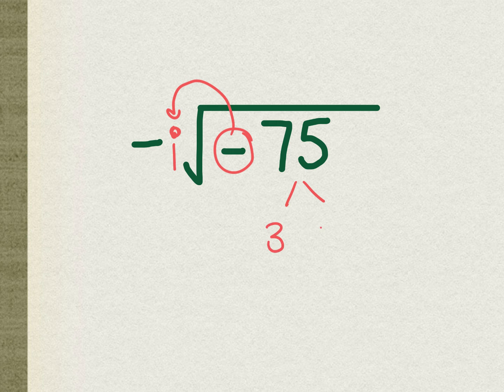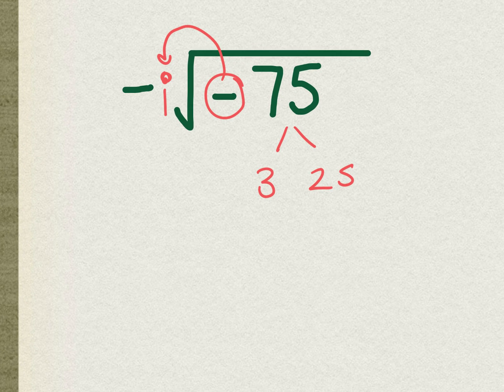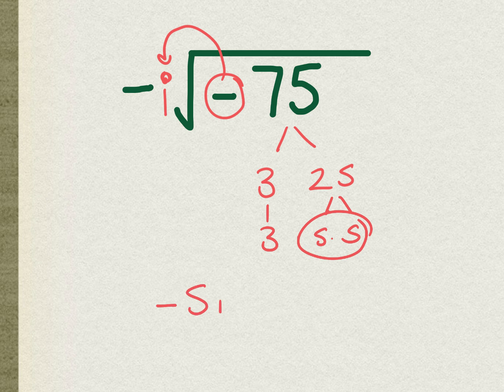Awesome, 3 and 25. 5 and 15 would work too. What are 2 factors of 25? 5 and 5. So what comes to the outside? So it'll be negative 5i. And then what stays on the inside? 3.